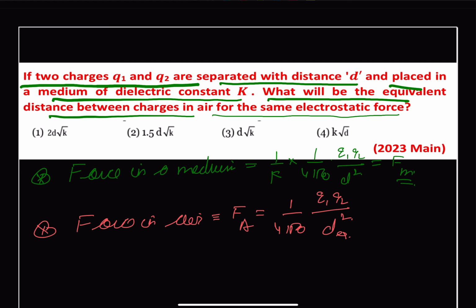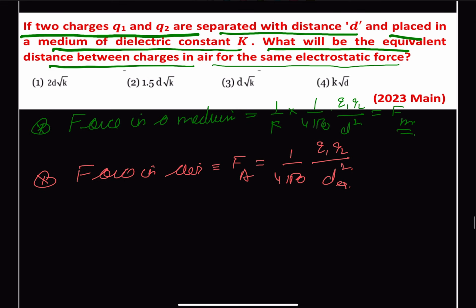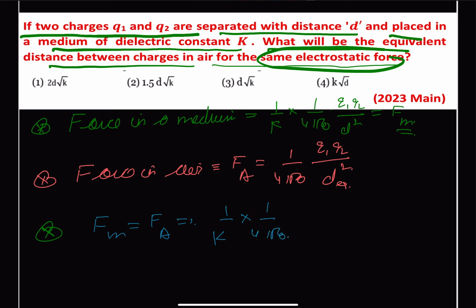From the given question, it says that we should have the same electrostatic force. Therefore we can write that the force in the medium is equal to the force in the air. We substitute the values: 1 upon K, 1 upon 4 pi epsilon naught Q1 Q2 upon d square is equal to 1 upon 4 pi epsilon naught Q1 Q2 upon d equivalent square. Here 1 upon 4 pi epsilon naught Q1 Q2 cancels out.